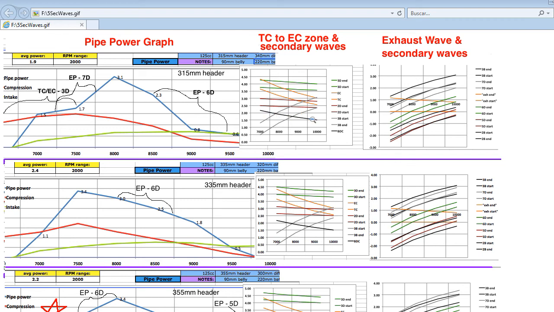This black line out here is bottom dead center. So this shows the timing from bottom dead center to, am I saying that right? Yeah, bottom dead center to transfer closing.